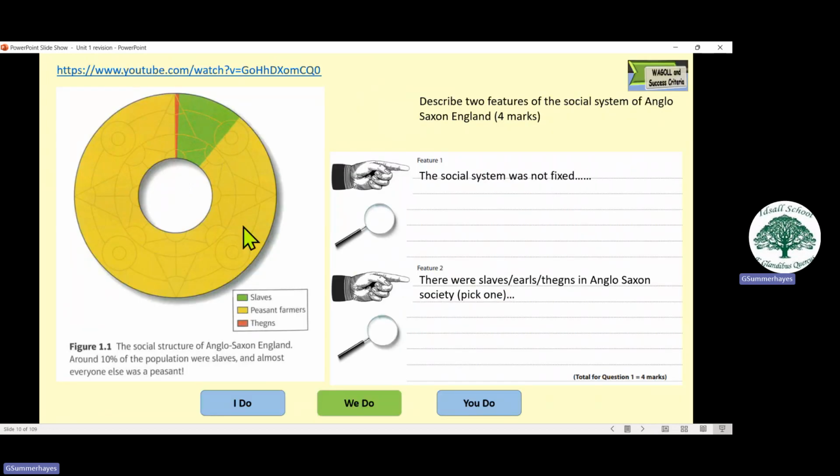There's a pie chart. Is it a pie chart if there's a hole in the middle, or is it a donut chart? But showing you the vast majority are peasants, and there's a few slaves, but most people are peasants, and there's a tiny fraction of nobles.